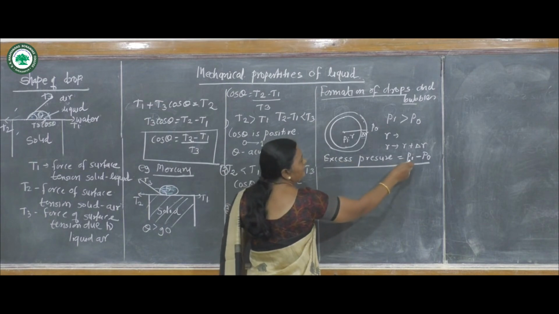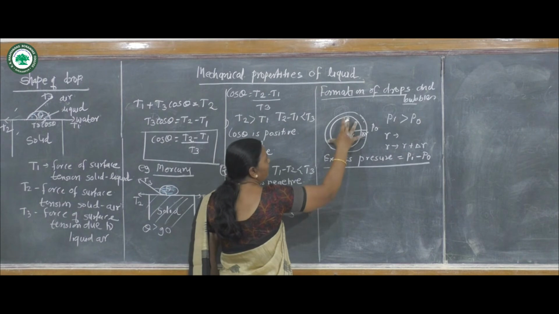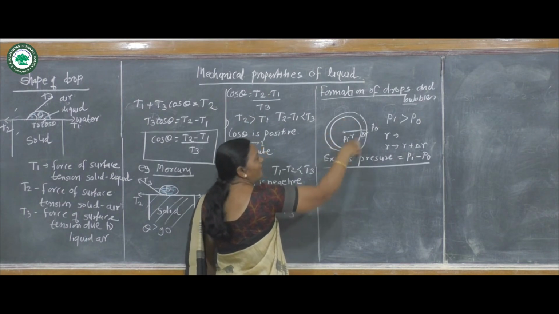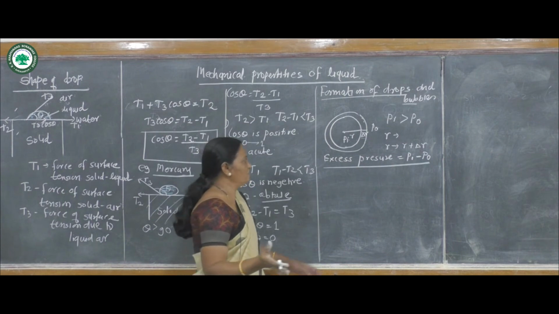Excess pressure is Pi minus P0. Now the initial surface area, the spherical surface of the drop, is due to surface tension.